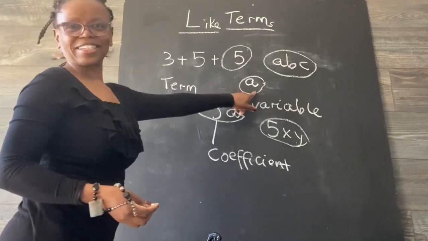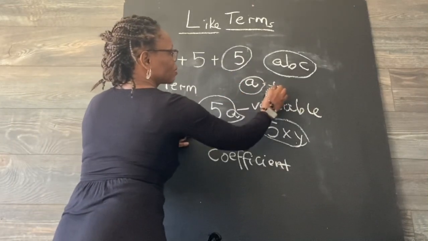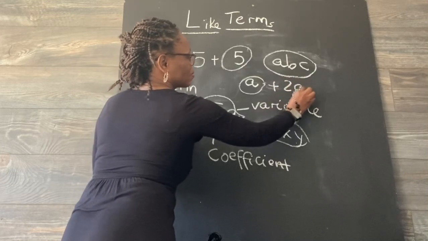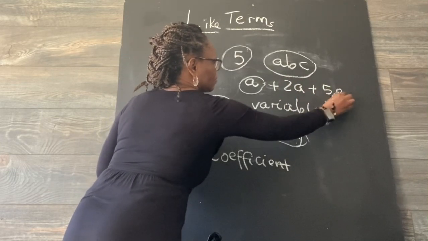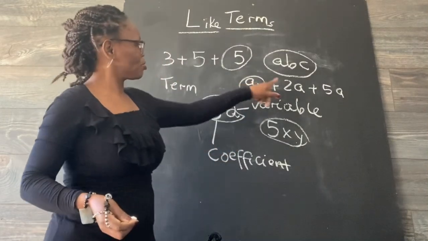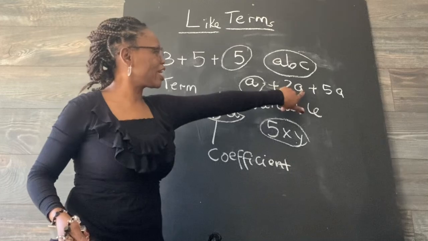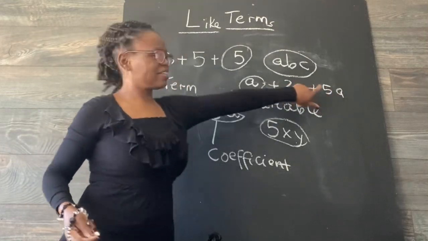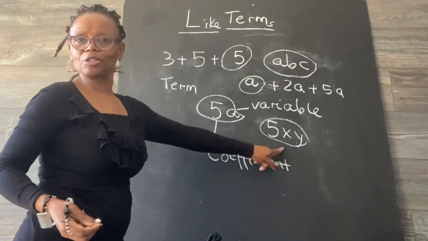What about that? How could we have like terms in this case? These 3 are like terms because they have the same last name. They have the same tag. That's A and A and A over there. What about over here?